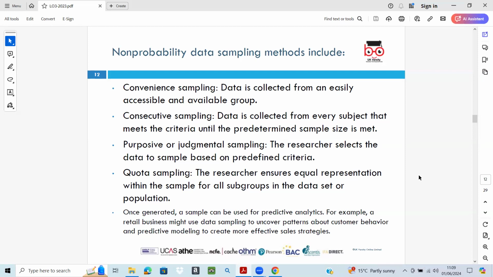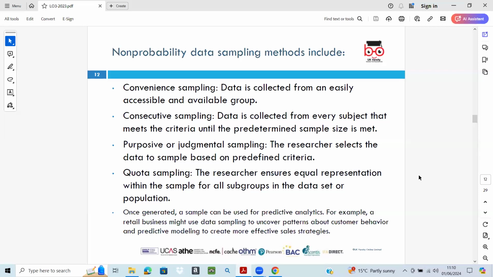These methods provide flexibility in data collection, especially in scenarios where random selection is impractical or where specific criteria need to be met. Once a sample is generated using non-probability sampling, it can be utilized for predictive analytics to uncover patterns and insights that inform business strategies, such as sales tactics in the retail industry.